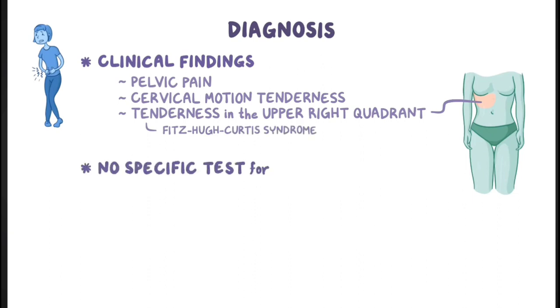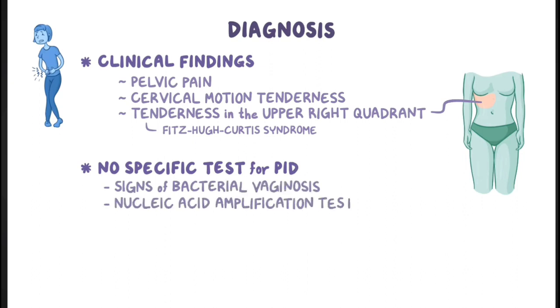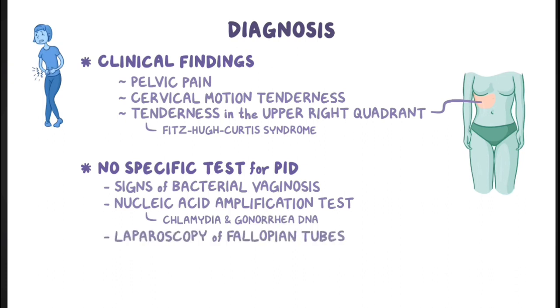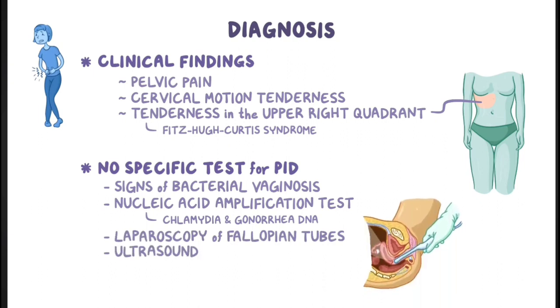There's no specific test for PID, but there are some that can support the diagnosis, like testing vaginal discharge for signs of bacterial vaginosis, doing a nucleic acid amplification test to look for chlamydia and gonorrhea DNA in a sample taken from the inside of the vagina or cervix, or doing a laparoscopy of the fallopian tubes. An ultrasound can show if there's fluid in the fallopian tubes and whether a tubo-ovarian abscess or hydrosalpinx is present.